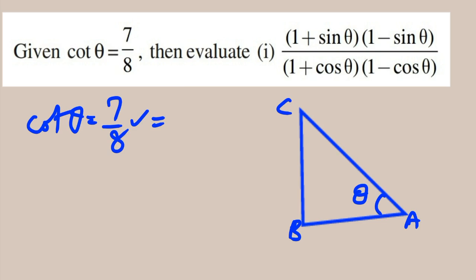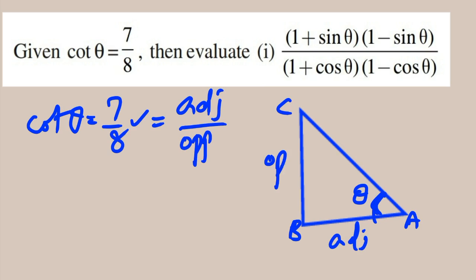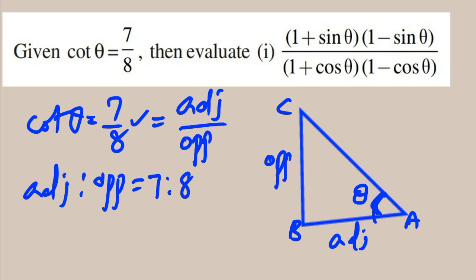Then what is cot theta? Adjacent side by opposite side. So with respect to this angle, this one is the adjacent and this one is the opposite. So adjacent side to opposite side is the given ratio, that is 7:8.